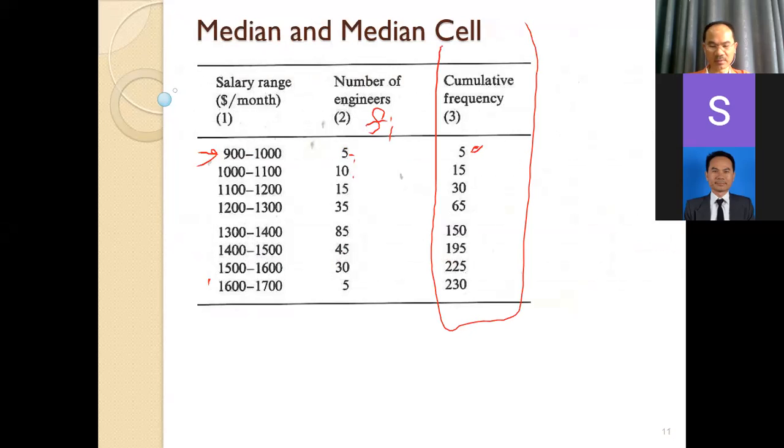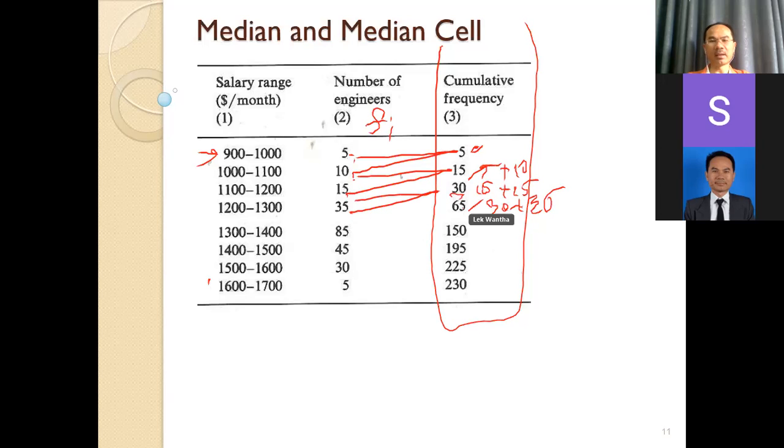For 1,000 to 1,100, 5 plus 10 gives 15. For 1,100 to 1,200, 15 plus 15 gives 30. Then 30 plus 35 gives 65. And 65 plus 85 gives 150.